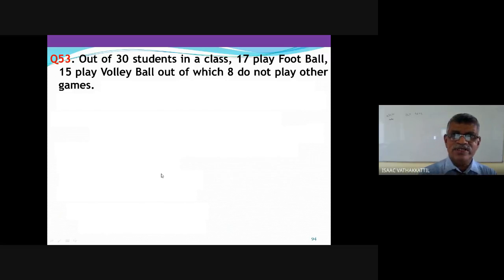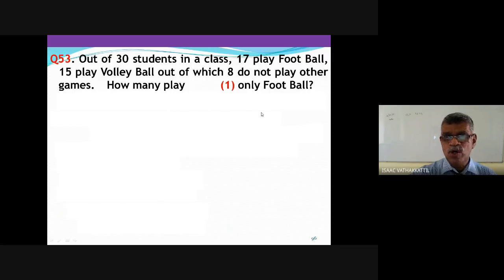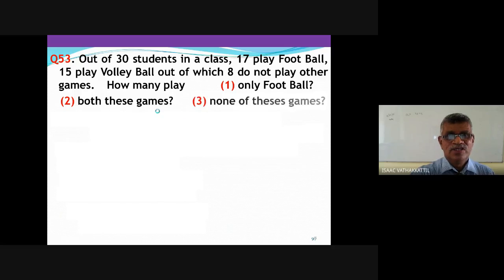There are 30 students in a class. 17 play football, 15 play volleyball, out of which 8 do not play any other games. How many play only football? How many play both the games? And how many play none of these games?